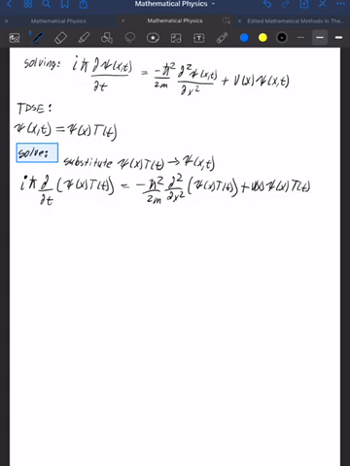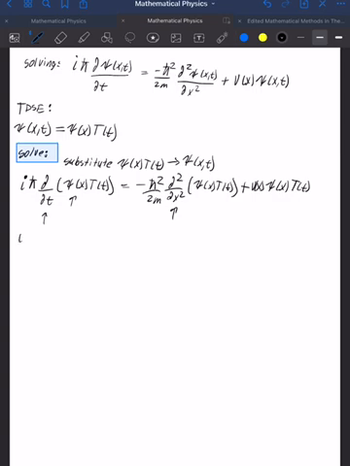So now that we've done that, notice the partial derivatives on the left and right hand side of the equation. This is a partial derivative with t. This is a partial derivative with x, which means for the left hand side of this equation, this partial derivative with respect to x is not going to affect it. It's not going to affect psi of x, right?